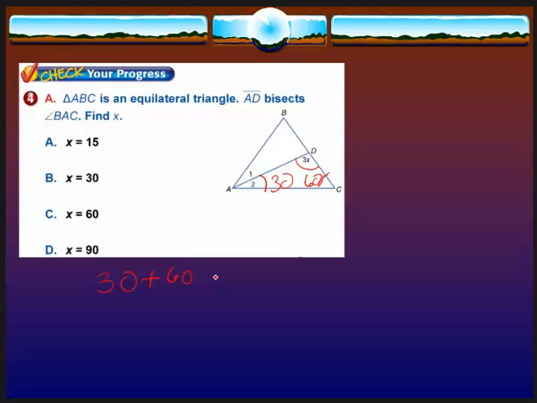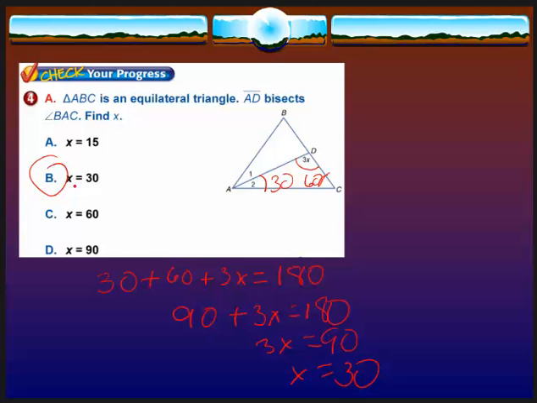I hope you said we're going to add them up and set them equal to how much? 180. So I get 90 plus 3x equals 180. If I subtract the 90, I get 90. And when I divide by 3, I get 30. B is my correct answer.